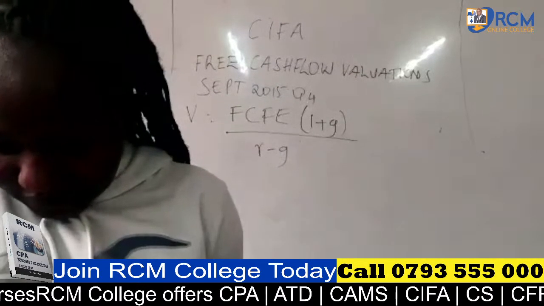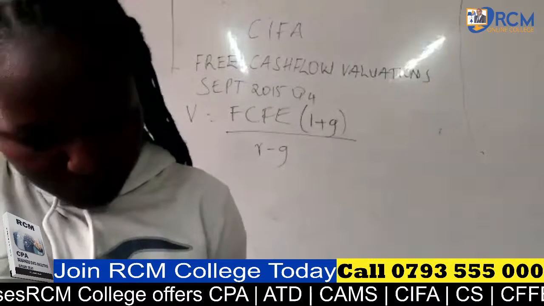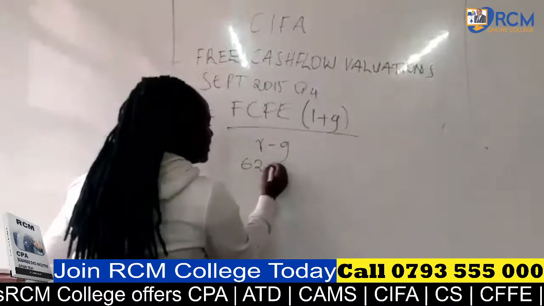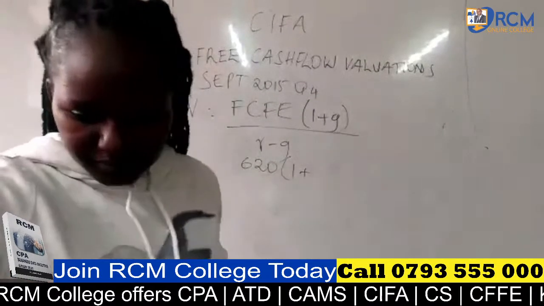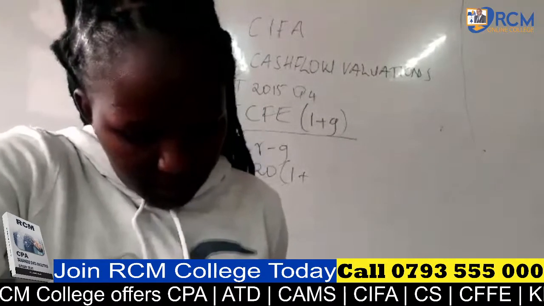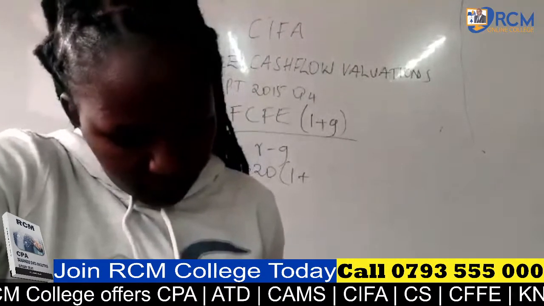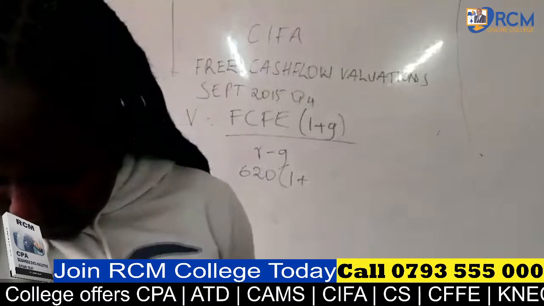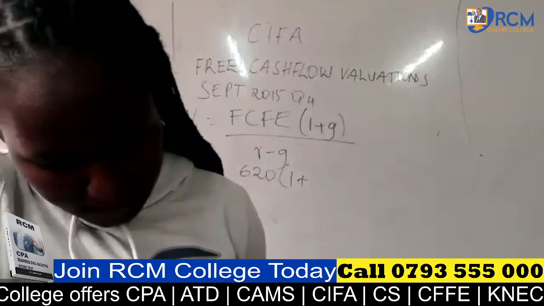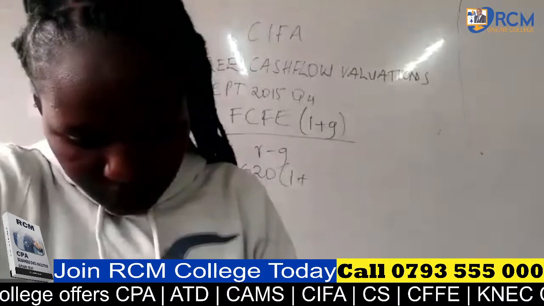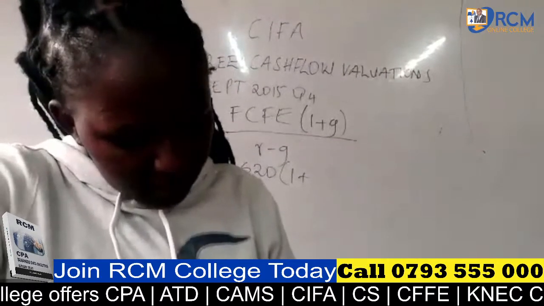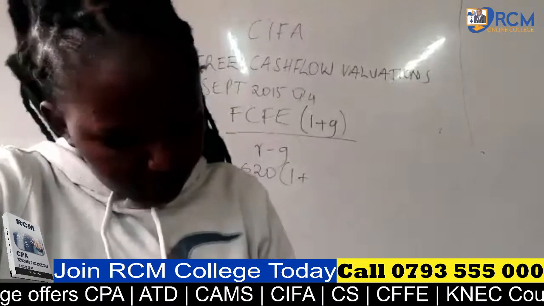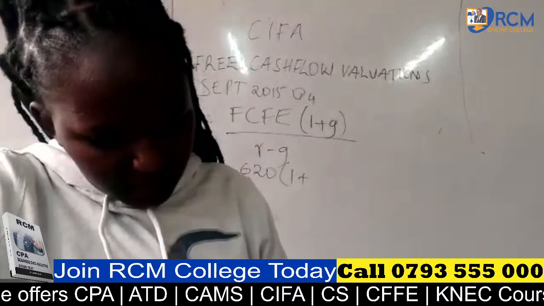So do we have the free cash flow to equity? Yes, we are given 620. Times 1 plus our growth rate, which is expected to be 5%. Divided by the cost of equity 11.8 minus the growth.